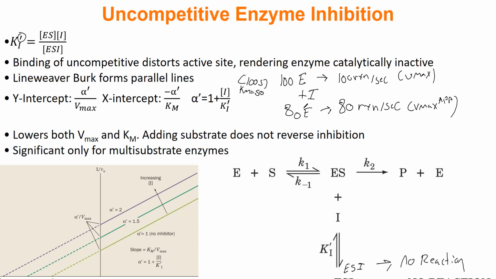So when I add inhibitor, now I only need 40 substrates to go 1/2 my maximum speed, because my speed was lowered. So the amount to go 1/2 my speed is also lowered. So that's why both Vmax and Km are lowered. You can add as much substrate as you want, and you're not going to reverse this. That's different than competitive. Competitive, you could add more substrate and reverse it.